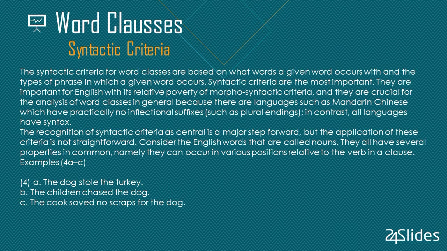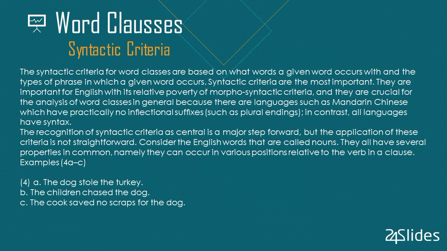The next: syntactic criteria. The syntactic criteria for word classes are based on what words a given word occurs with and the types of phrases in which a given word occurs. Syntactic criteria are the most important.